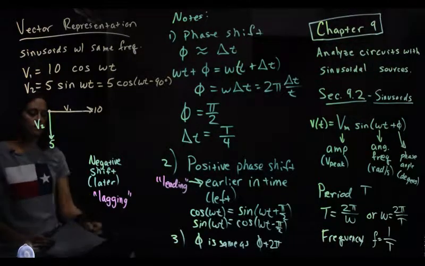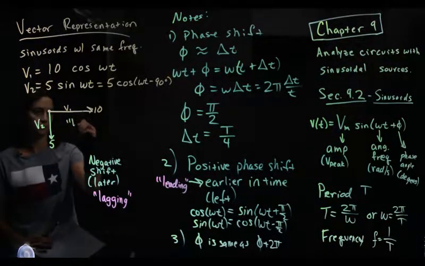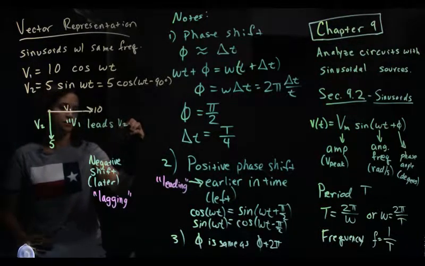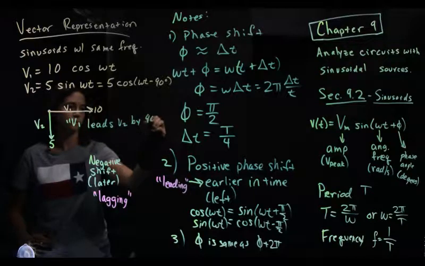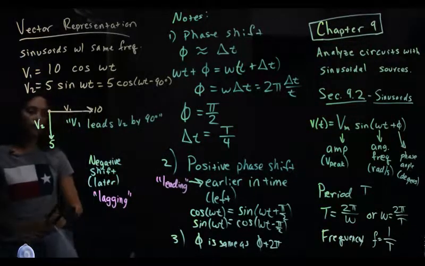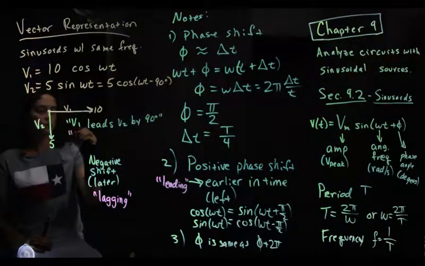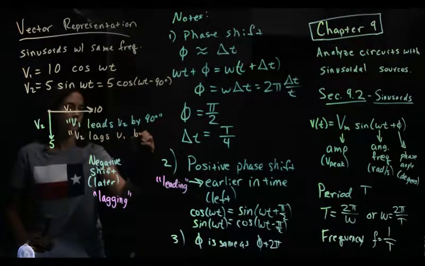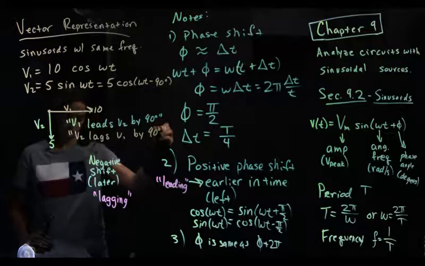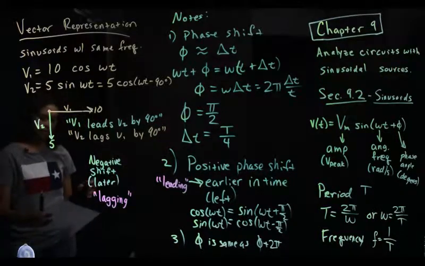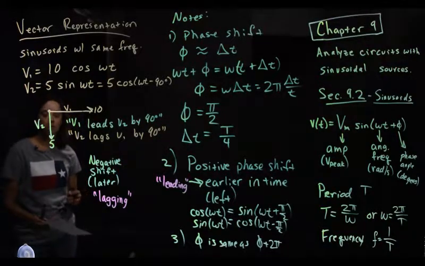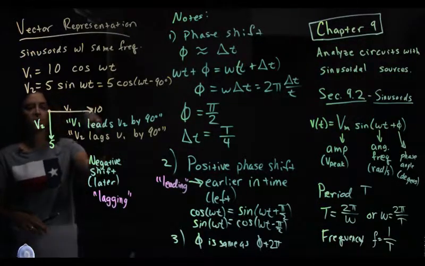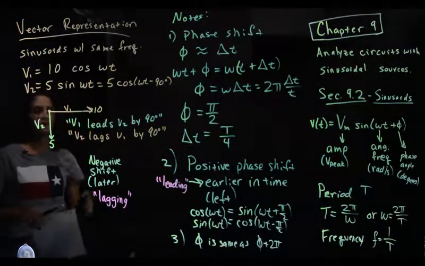So we say V1 leads V2 by 90, or we can say V2 lags V1 by 90 degrees. So again, that's just terminology and vectors. Hopefully you're used to doing those. You can add vectors, so it's just normal vector algebra from there.